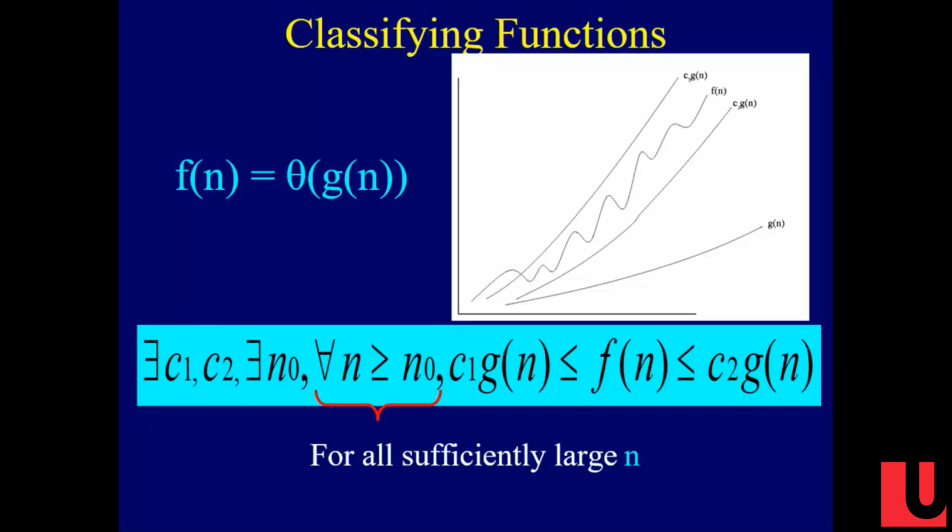And which beginning n are we talking about? I don't care. You can choose any beginning n you want, but you have to choose it at the beginning. So does that make sense? The game is you have to choose the constants in the beginning, and then for every n bigger, it has to be true. It has to be sandwiched.